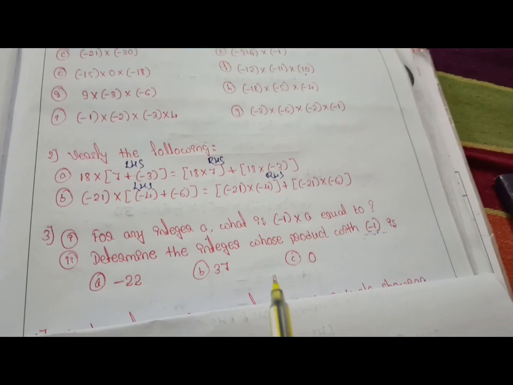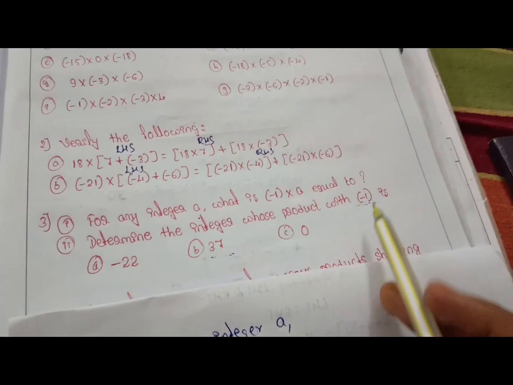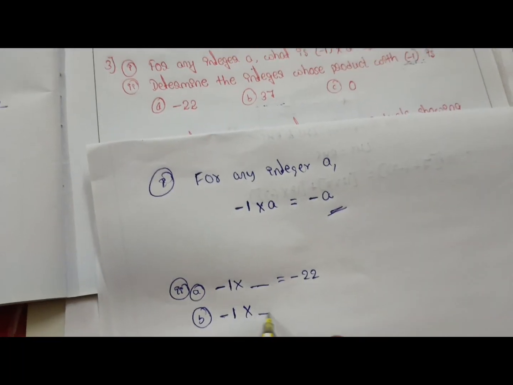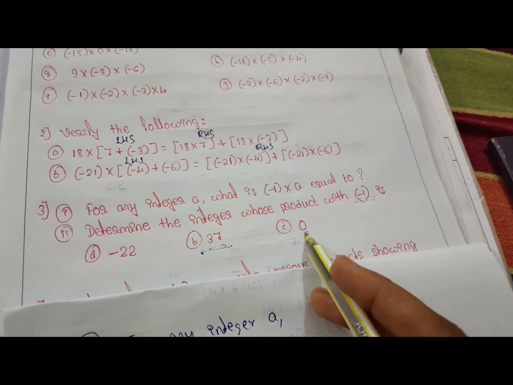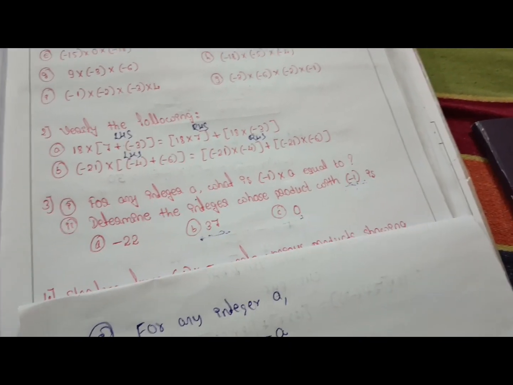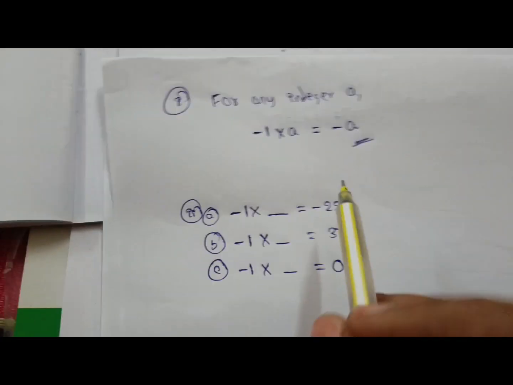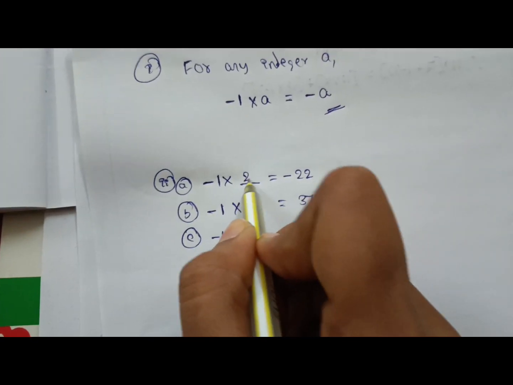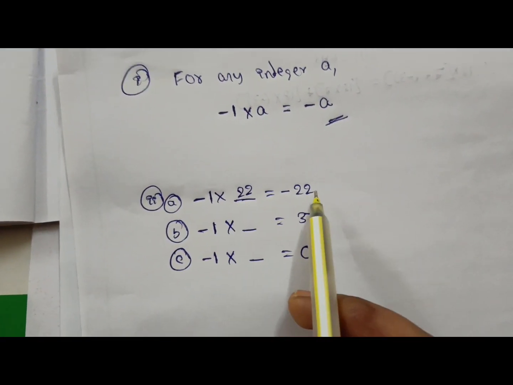Sub question B: to get 37, which integer do we multiply with minus 1? (-1) × ___ = 37. Sub question C: to get 0, (-1) × ___ = 0. Here to get minus 22, we have to multiply with plus 22. So minus into plus minus, 22 ones are 22.